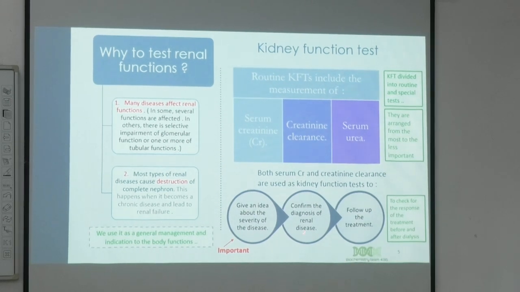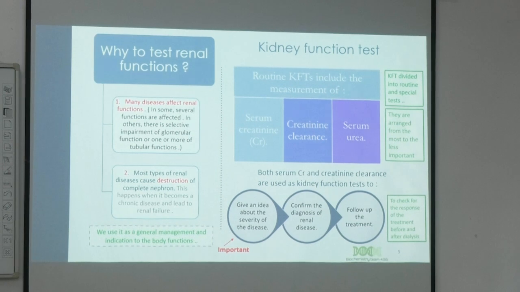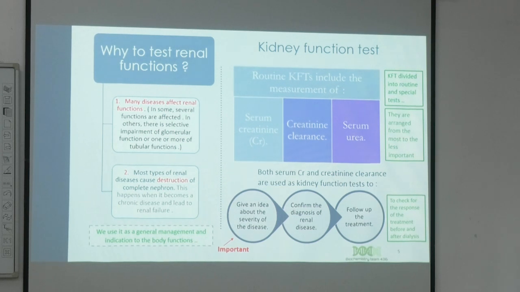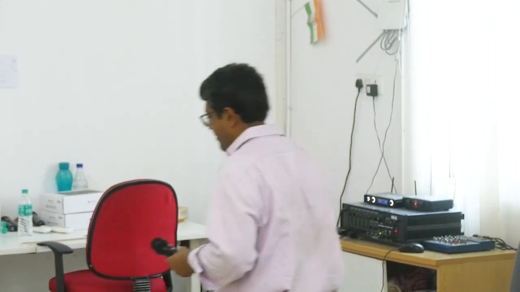Then you can confirm the diagnosis of the actual kidney disease via other markers or other investigations. Finally, if the patient is improving, your creatinine levels should come down to normal. So, reducing levels of creatinine means that the patient is gradually getting better. Okay?